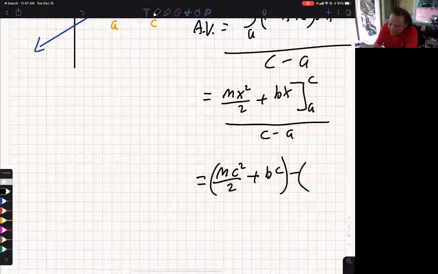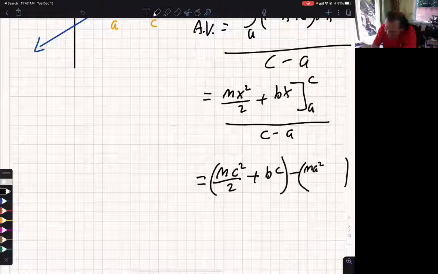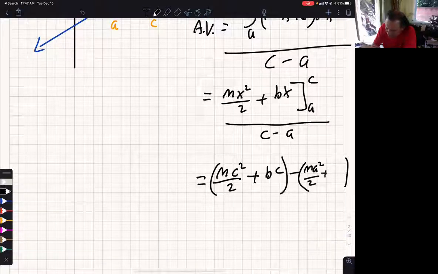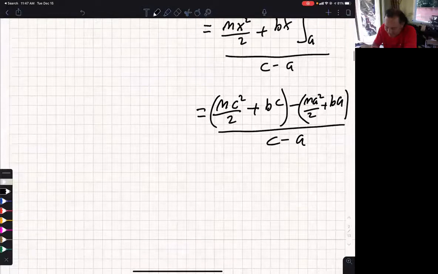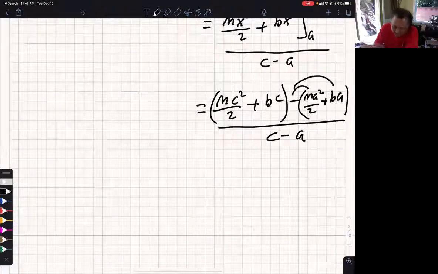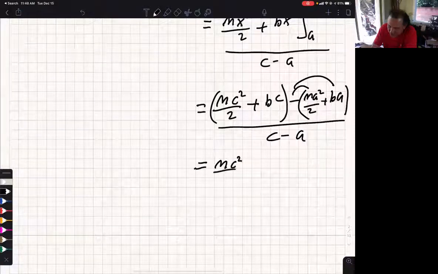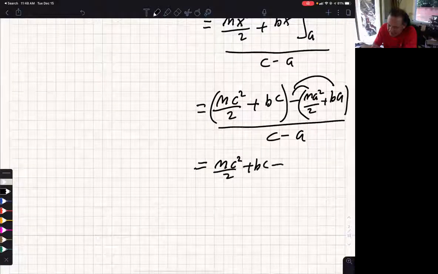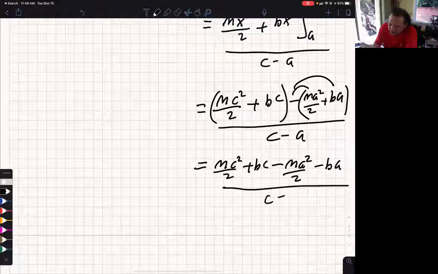Then I plug in A and I subtract that. So I'm going to plug A here and here. So I'm going to get ma squared over 2 plus ba all over C minus A. And this is craziness. I'm going to distribute that negative and get mc squared over 2 plus bc minus ma squared over 2 minus ba all over C minus A.